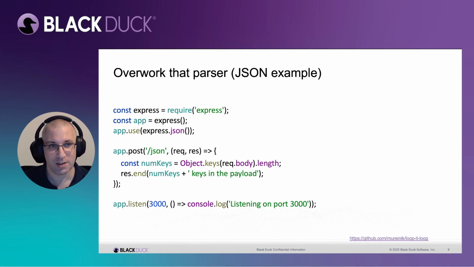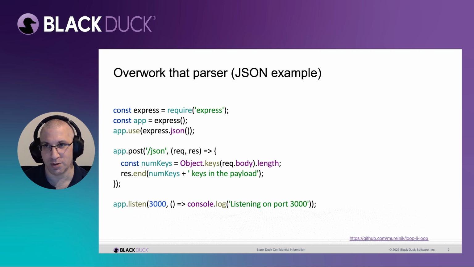So here you can see a really simple web app written in Express. This is a complete application. You can copy paste it, it will work. This application takes a post request, parses the body as JSON, and returns the number of keys in the JSON payload.